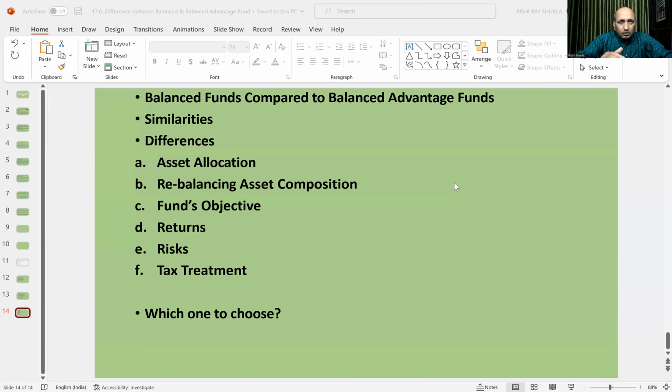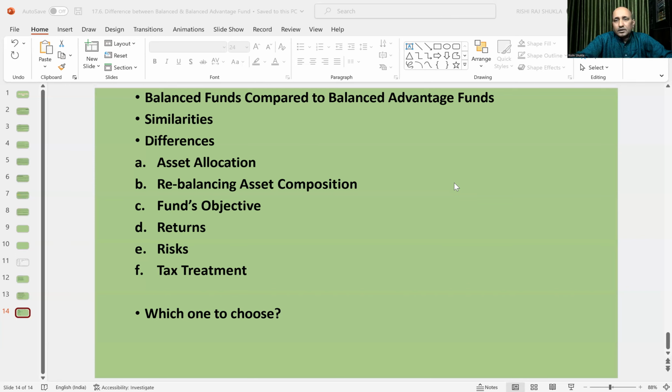In the case of a balanced advantage fund, the investor should be a moderately high risk taker with high risk appetite. I'm saying moderate high risk because it is not fully in equity. So any investor who has moderate high risk appetite can invest in a balanced advantage fund and expect more return than a balanced fund.